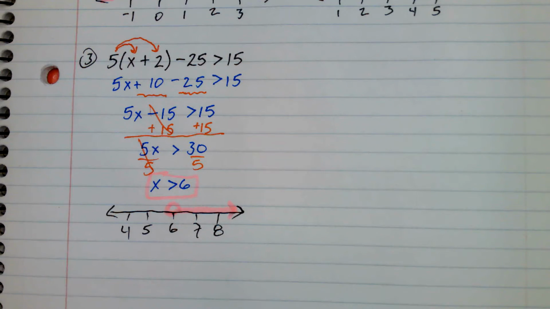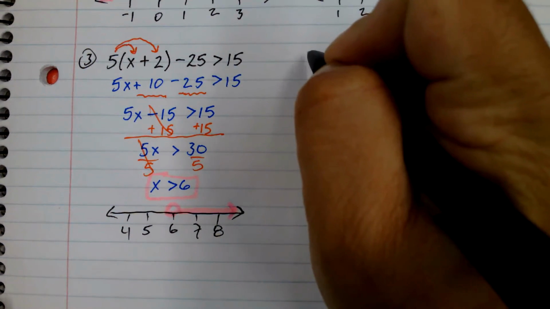So let's go ahead and kind of up the ante a little bit. And let's talk about when you have negatives. So number 4.